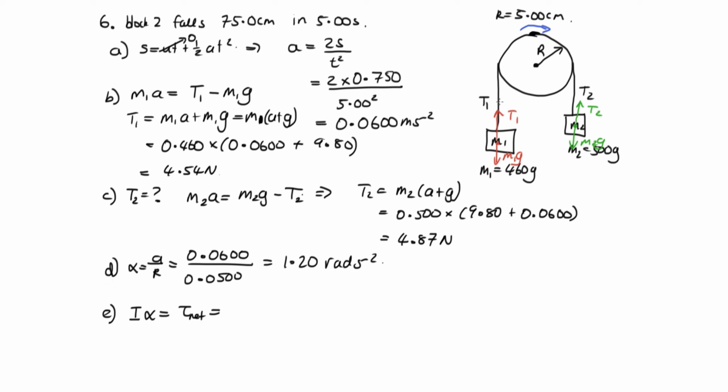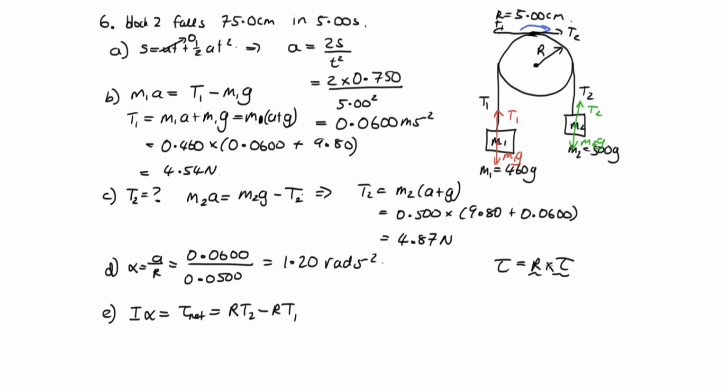We've got the tension in this string, which is pulling it back this way, and the tension in this string, which is pulling it round this way. So we've got T2 acting here and T1 acting here, and torque is equal to R cross T in this case. And so we can write this as RT2 minus RT1.